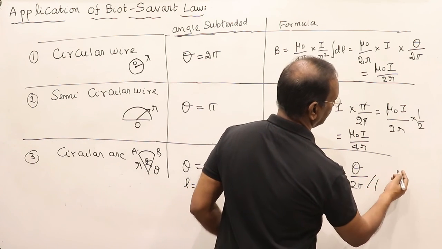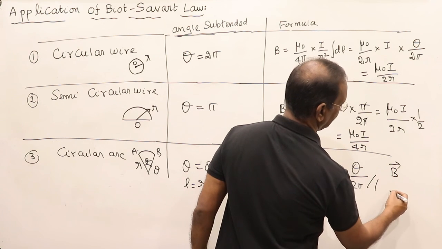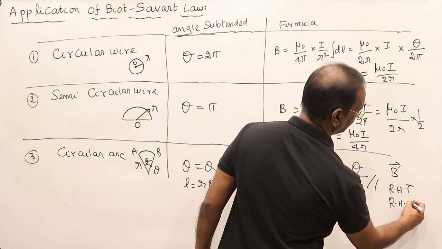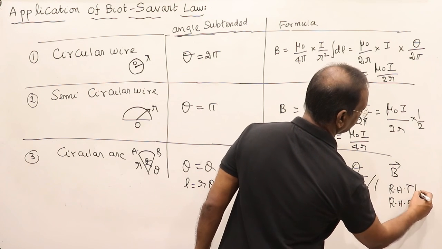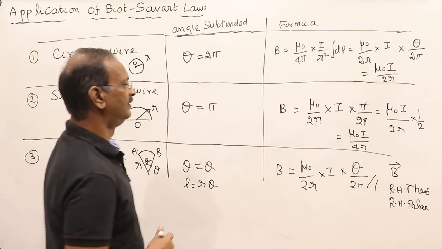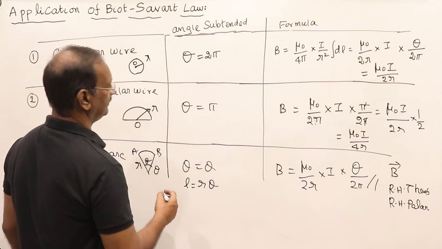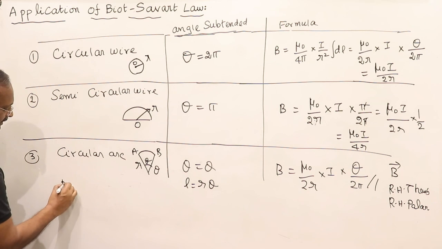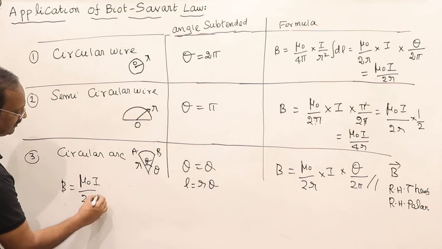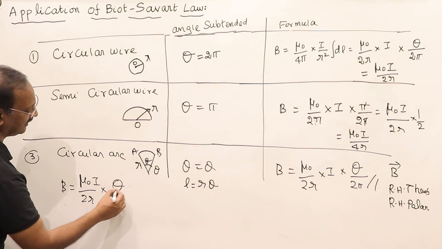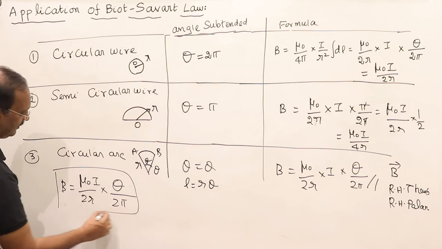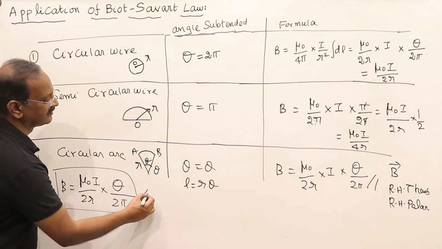And since it is a vector, direction can be found out using the right hand thumb rule or right hand palm rule. That's all about this. You have to remember only this formula: the magnetic field is mu naught I by 2r into the angle subtended at the center divided by 2 pi. If you remember, we can calculate for any circular portion.